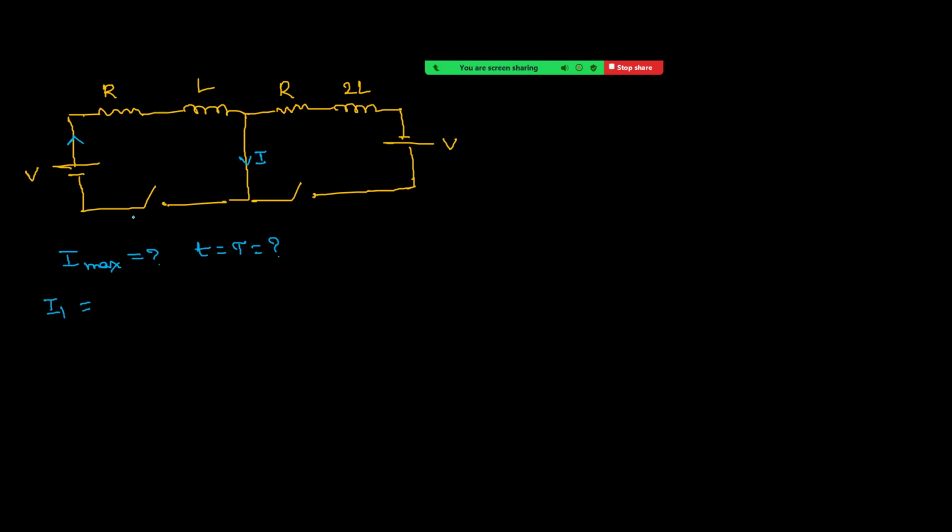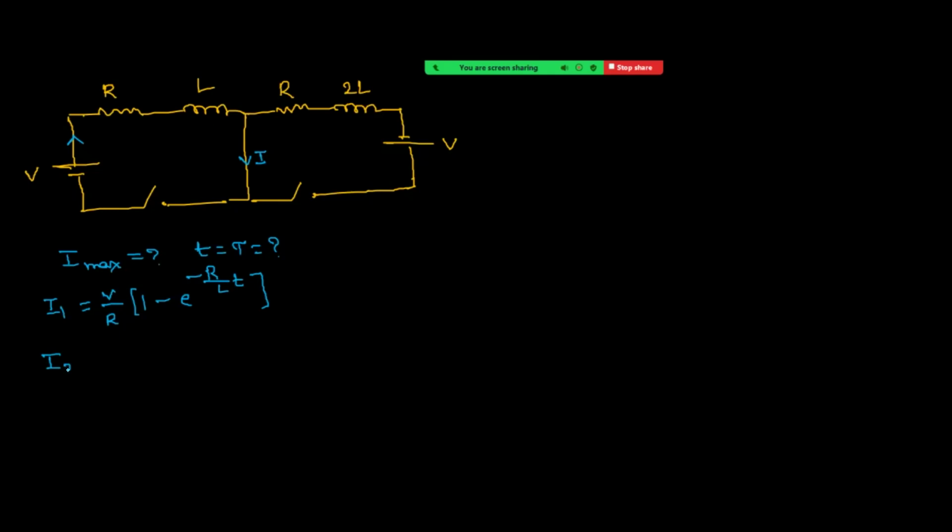I1 equal to, once we close the switch, current starts increasing. So it is now growth of current. In that case, it is given by peak value V by R into 1 minus e power minus R by L into T, right?